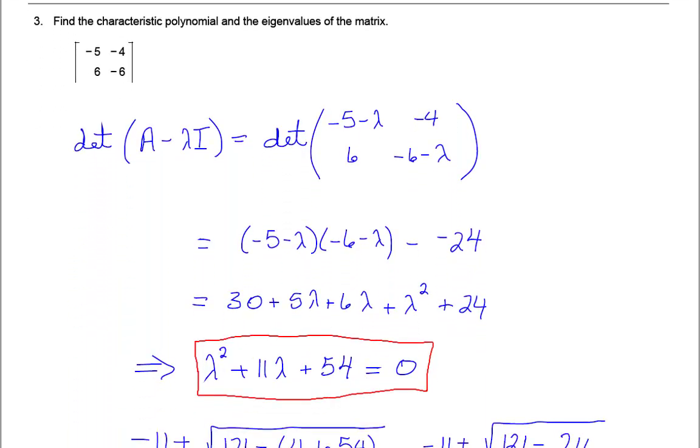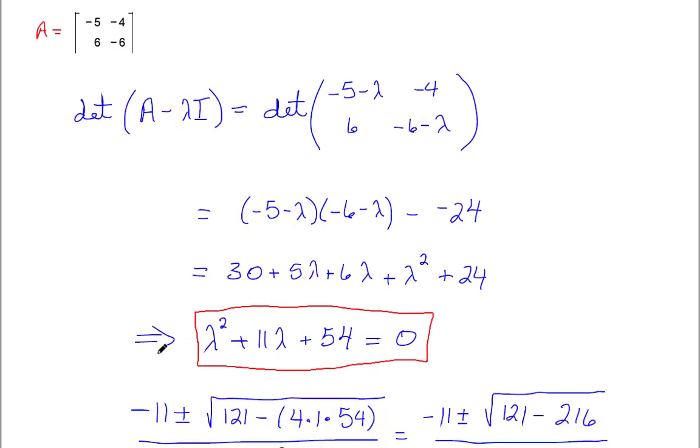All right, we repeat this again for question 3. So here is A. I form the determinant of A minus lambda I again. All right, the only tricky part is all the negatives everywhere. So cleaning that up, we get our characteristic polynomial.